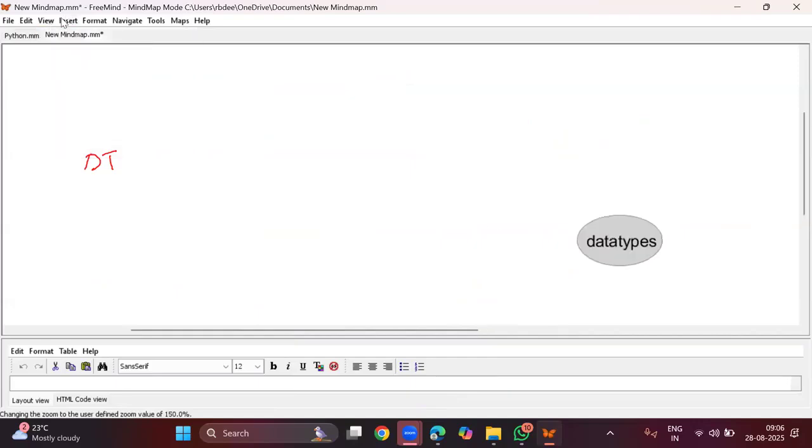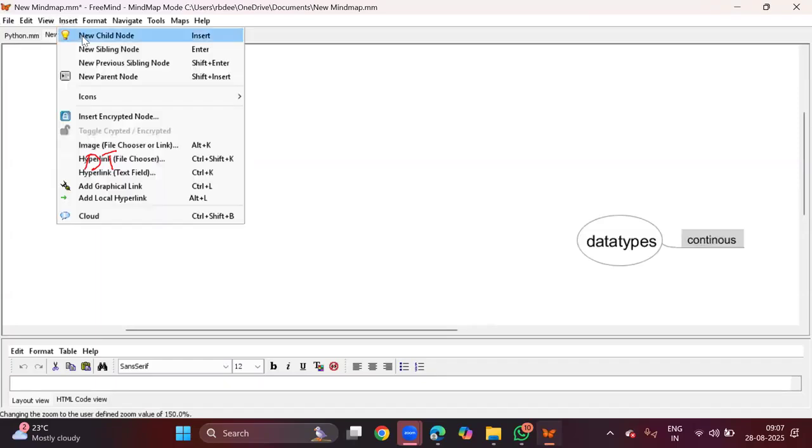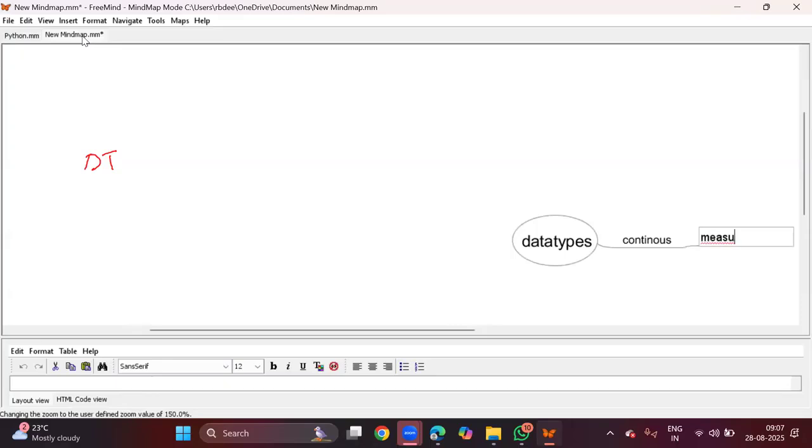Now these data types, what is the first one? Continuous. In continuous, the examples are anything measured to a desired extent.